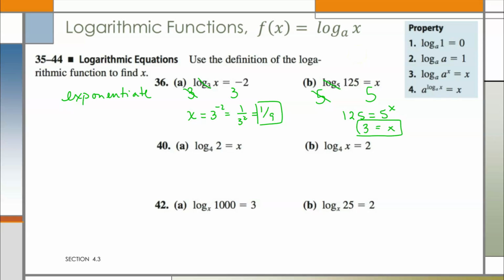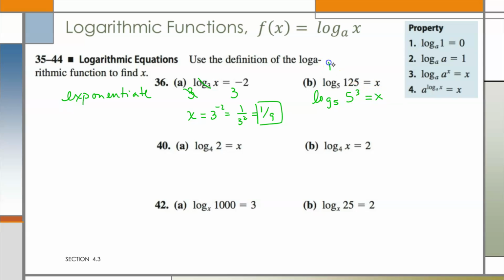Now on this one, let's solve it a different way, just to get a variety. We're going to come out with the exact same answer, just in a different way. How can I write 125 as 5 to what power? 125 is equal to 5 cubed.